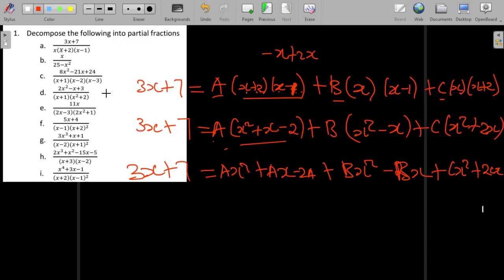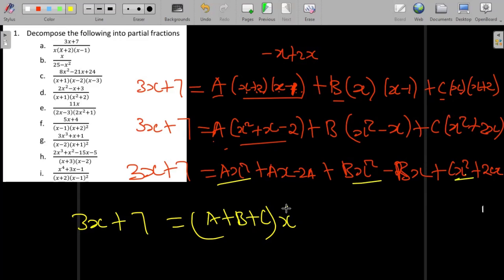All right, so we can group them now. Whatever has the x squared, we group together. This one has x squared, this one has x squared, this one has x squared. So we can factorize the x squared: it's going to be (A plus B plus C) x squared. Let's group the ones with x: we have this and that, so that will be (A minus B plus 2C) x.